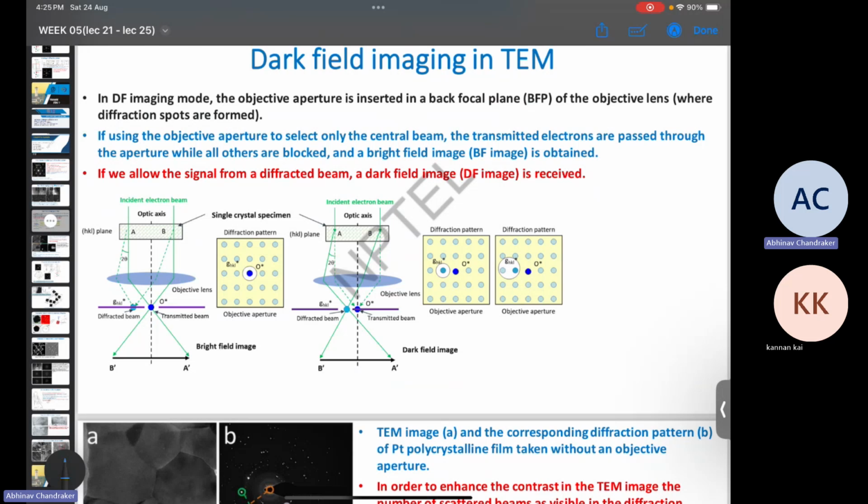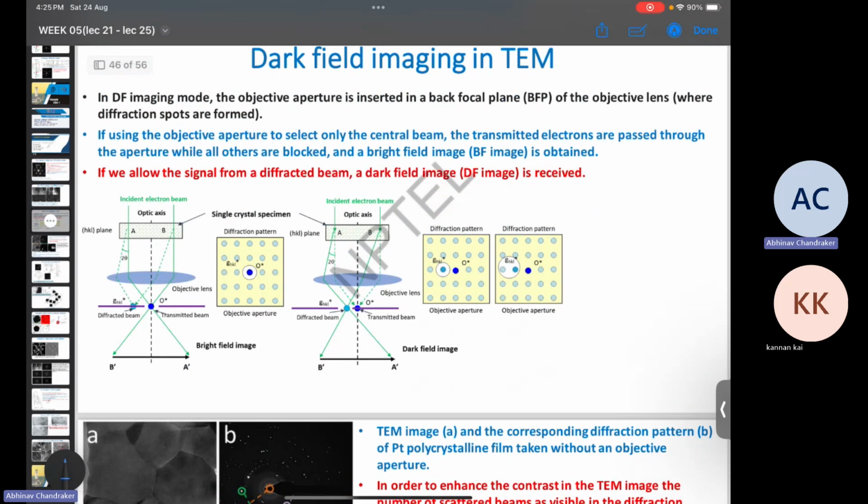In case you use a direct beam, you will get a bright field image. You will get information based on how the transmitted beam or the incoming electrons interacted with the features of the material, and how they transmitted through it. But in this case, you'll get information related to the diffraction due to the features.